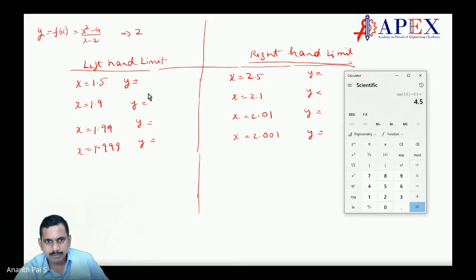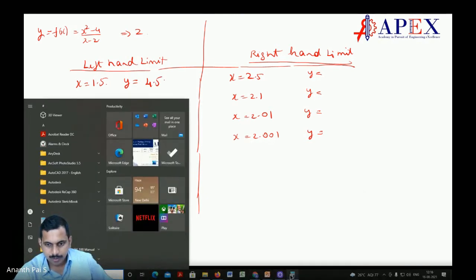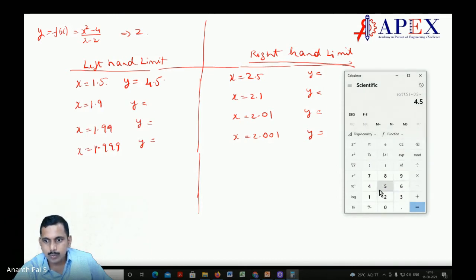So what is it? 4.5 you get here. Next, let us take again 1.9.